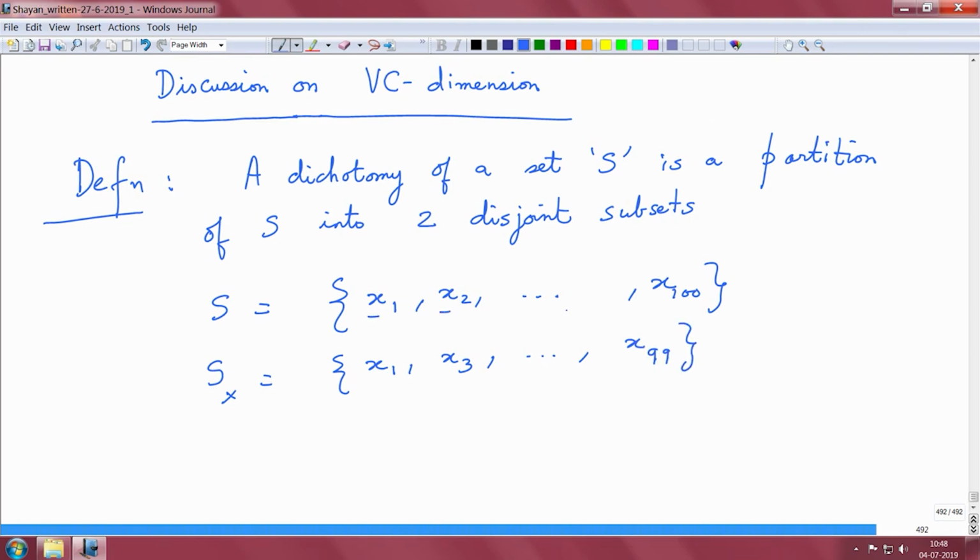Maybe we can write this as a vector. Okay. And I call S with the circle in the subscript all those points that I want to pick up with even indices: x2, x4, so on till x100.